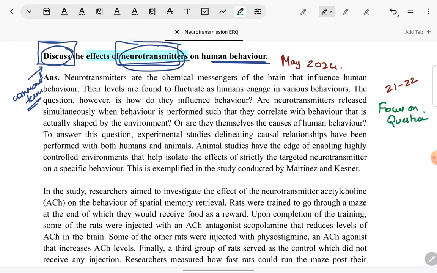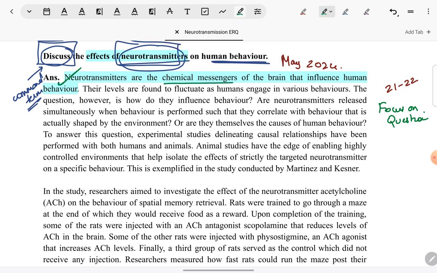So if you are not focusing on the question, and rather you're giving generic points which are not going to be of any use in the rest of the answer, then your answer is unfocused and you're not meeting the first criterion. So in the introduction, again there are different ways of writing it. I would suggest, yes, you do begin with the meaning of the general concept. So here I have begun with, what are neurotransmitters?